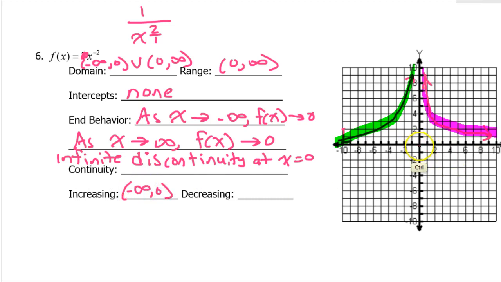And it's decreasing, if you look at the x-axis only, from here to here, 0 to infinity. Remember, for increasing and decreasing, you only use parentheses, no brackets.